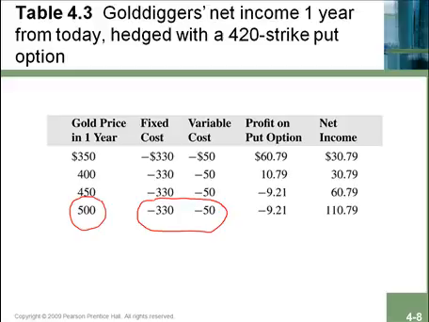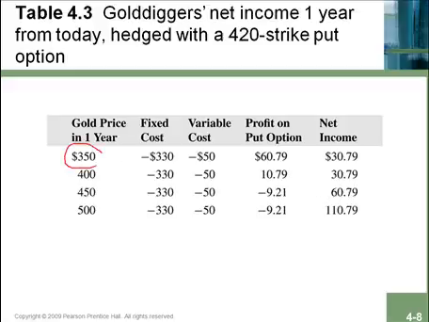That leaves $120 in profits, but the put option doesn't end up being valuable in this case. So they lose the premium plus the interest that they could have otherwise earned, $9.21. But that still leaves a fairly large profit of $110.79 per ounce.